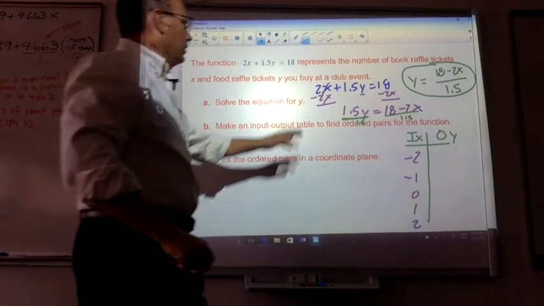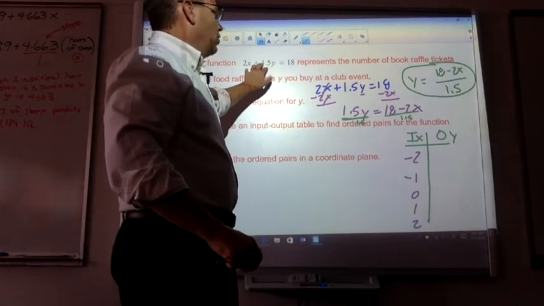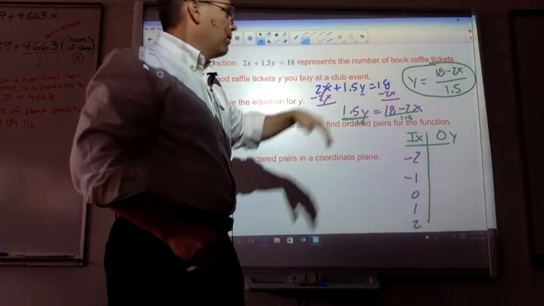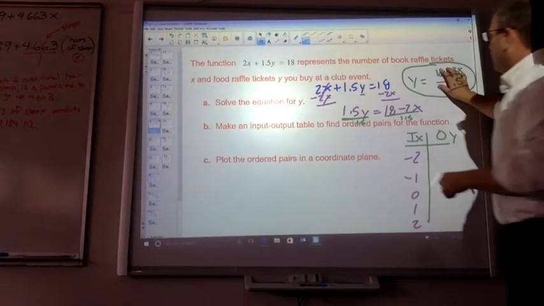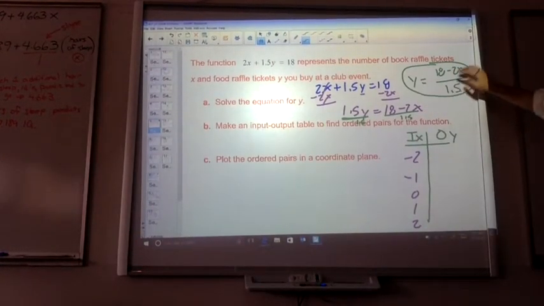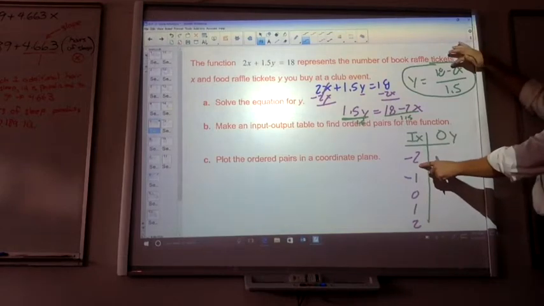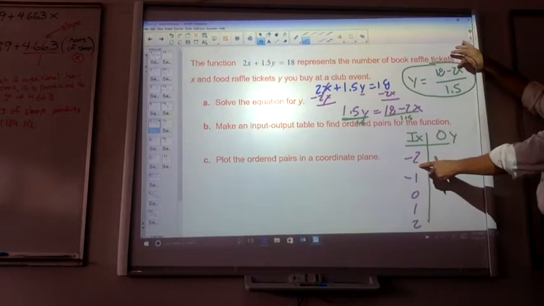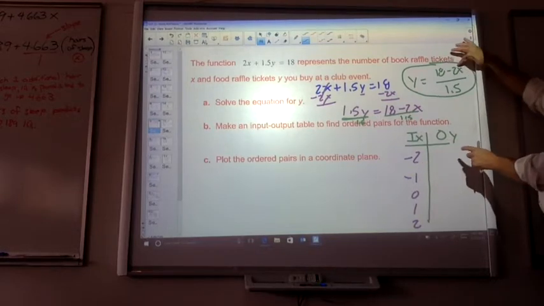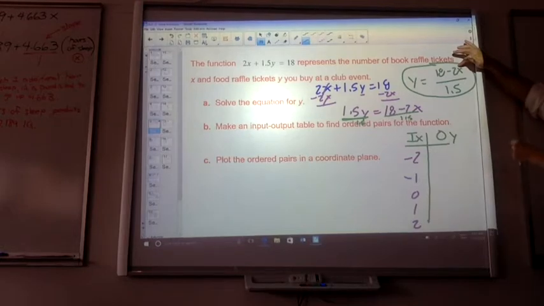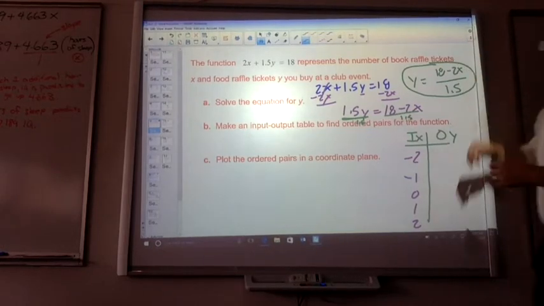So I could plug these values in here and then solve for y and get my y component. Or I could plug the values in here, and that's already solved for y. So we might pick here. So let's take -2, plug it in. What is -2 times -2? Positive 4. 18 plus 4? 22. 22 divided by 1.5?